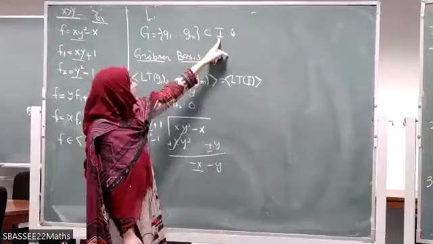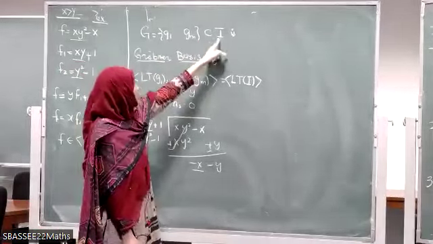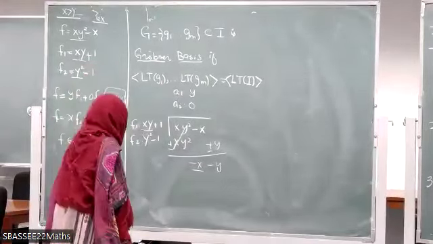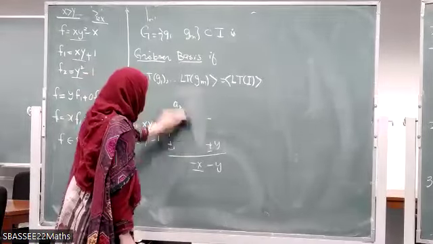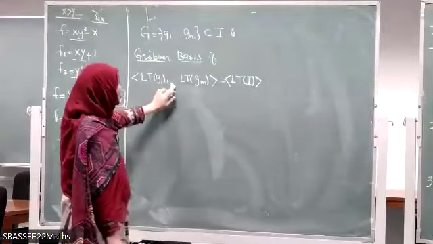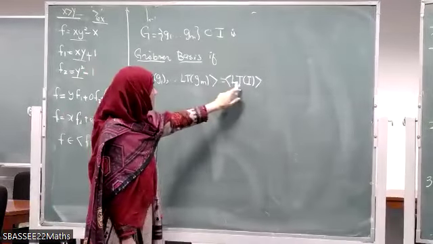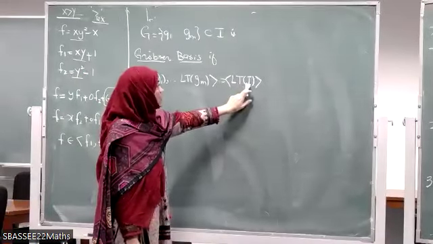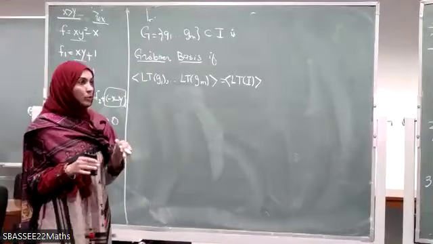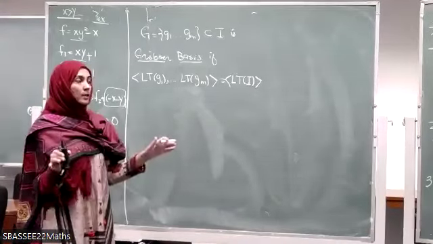If you are given any ideal I, and G is a set of polynomials in I, it is called the Grobner basis if it satisfies this condition, which means that you take the leading terms of all polynomials in your set G and generate an ideal with them, and on the other side you have all leading terms of I, which means that for every polynomial in I you take the leading term and you take the generated ideal.